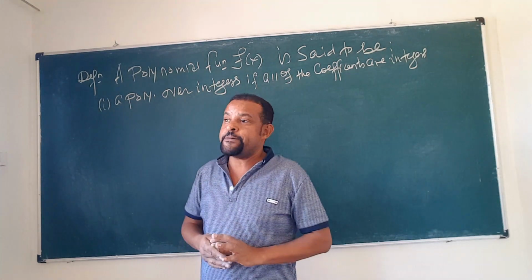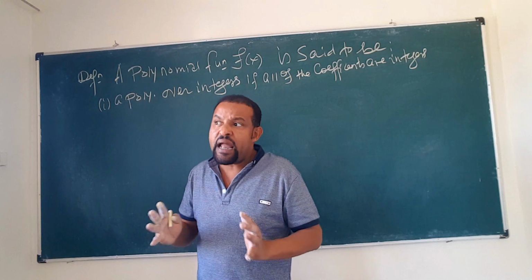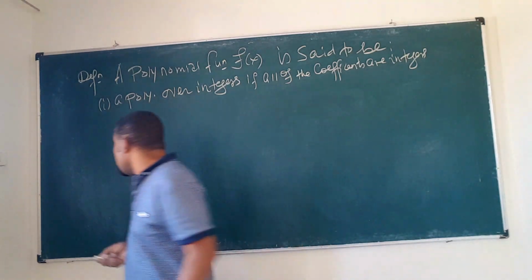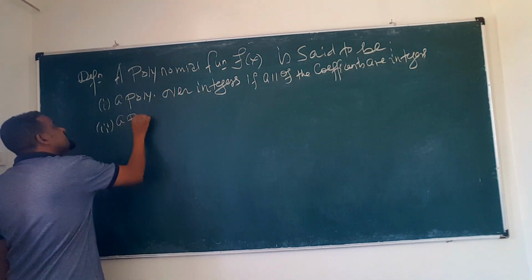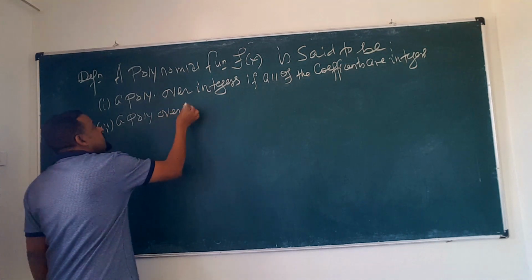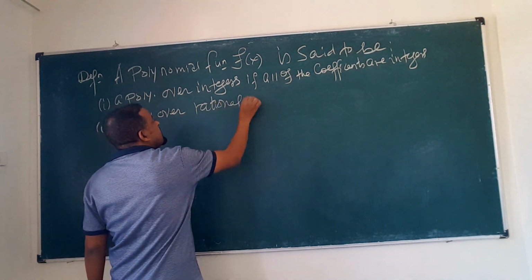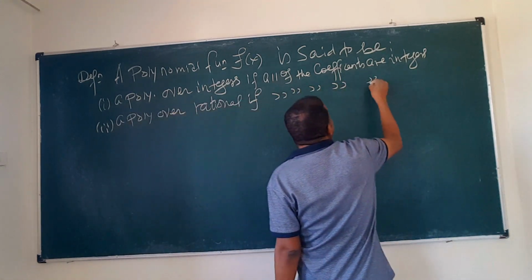Of course in modern algebra, right? So important: in a polynomial ring, whether it is a polynomial over integers or a polynomial over rationals. So the second one, all right? A polynomial is said to be a polynomial over rationals if all of the coefficients are what?